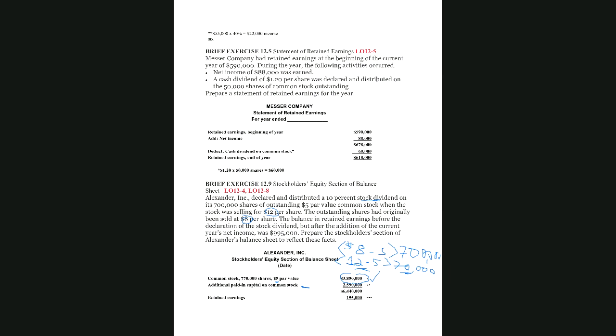Remember that the additional paid-in capital gets credited for the excess above the par value of the shares. So here, the additional paid-in capital, as it appears here, equals $2,590,000. Okay, how did I get there?